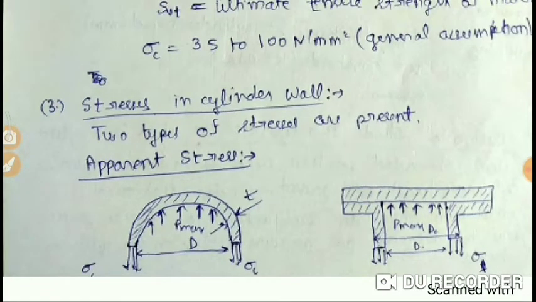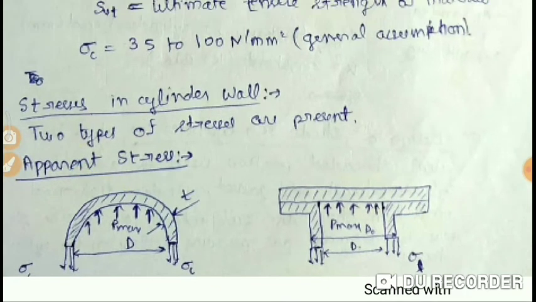Okay, so this is the basic condition. Now this is the third point: stresses in the cylinder wall. In the cylinder wall there are two types of stresses present. Here we have the apparent stress. In this figure you can see two types of stress because of the maximum pressure, the circumferential stress and the longitudinal stress.